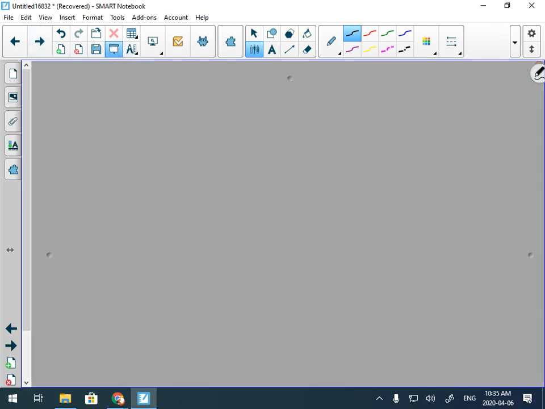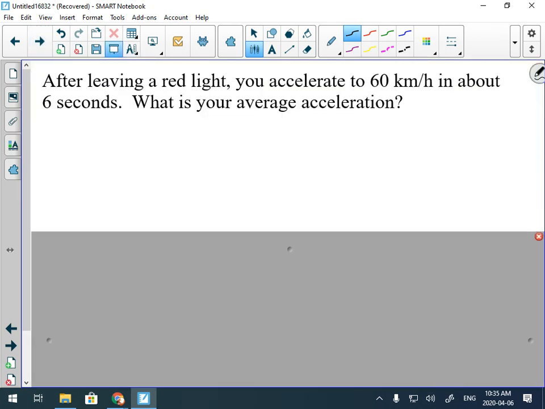Okay, here's the first problem. After leaving a red light, you accelerate to 60 kilometers an hour in about 6 seconds. What is your average acceleration? All right, first step. Let's write down the formula that we need. Acceleration is change in velocity, Vf minus Vi over time.